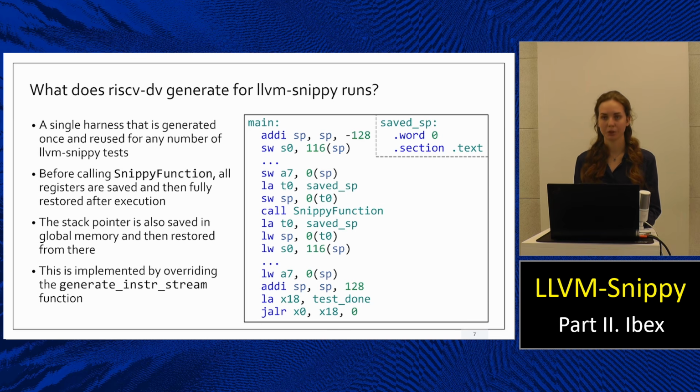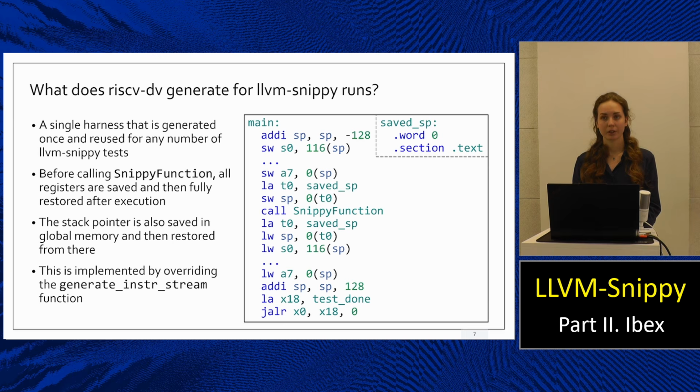It produces code and knows nothing about the external riscv-dv wrapper that calls it. From LLVM-snippy's point of view, all available registers are scratch registers, and it can use them however it needs to build the test. So the external environment must not count on any values being preserved by chance.